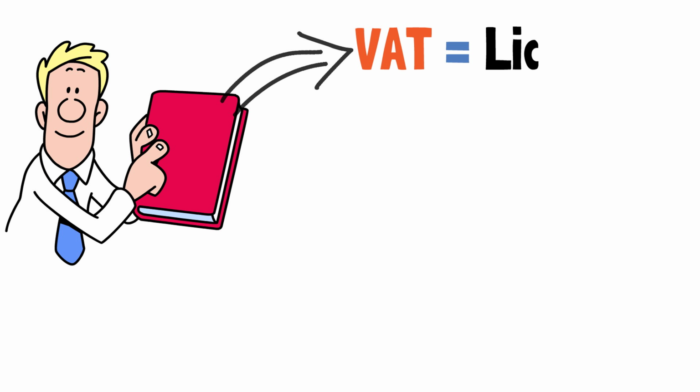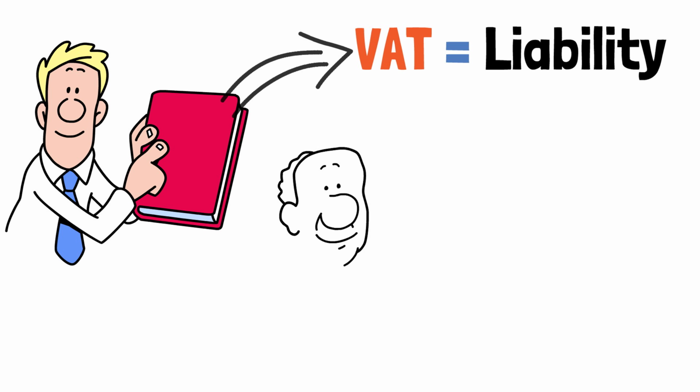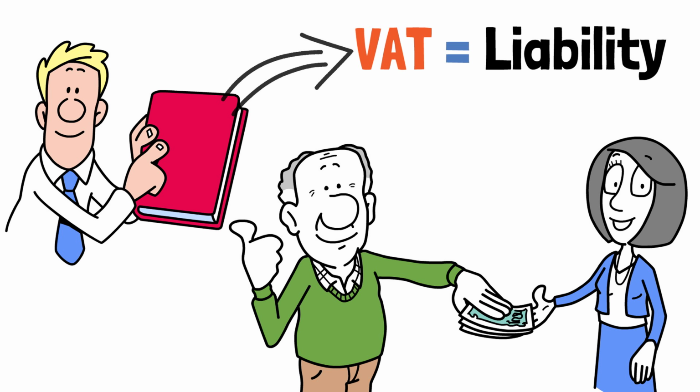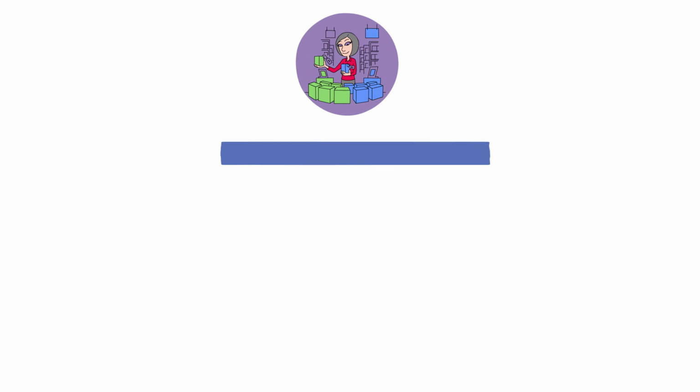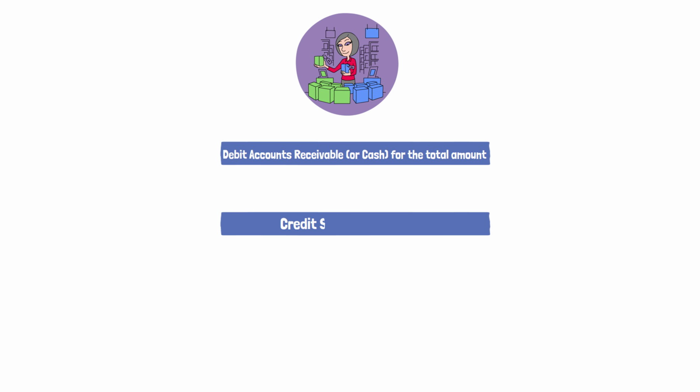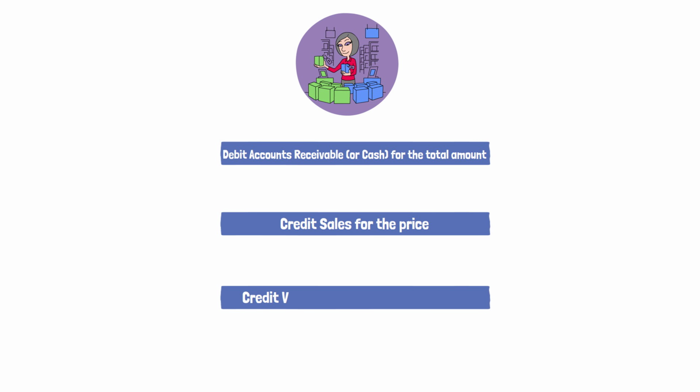In your books, VAT is always recorded as a liability because you're holding it temporarily. When you make a sale, you debit accounts receivable or cash for the total amount, credit sales for the price, and credit VAT payable for the VAT amount.